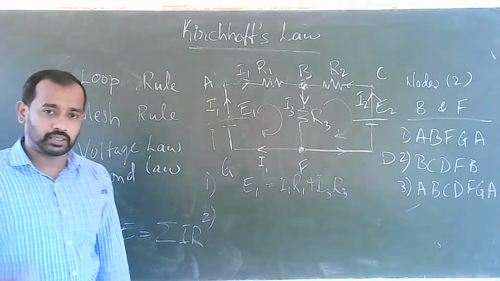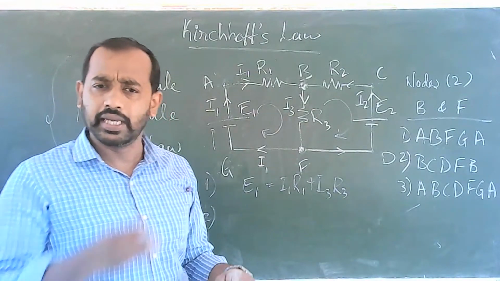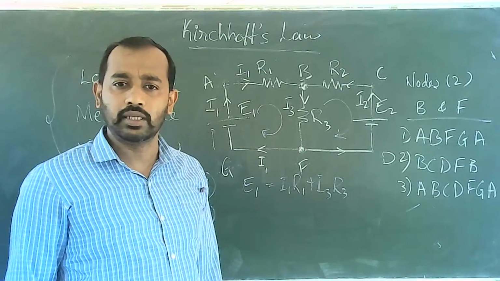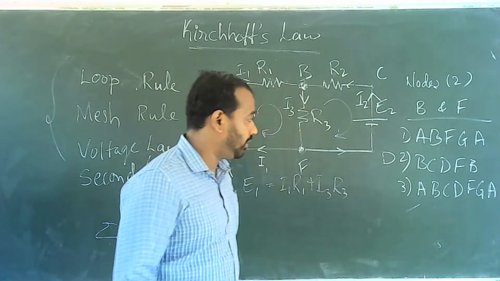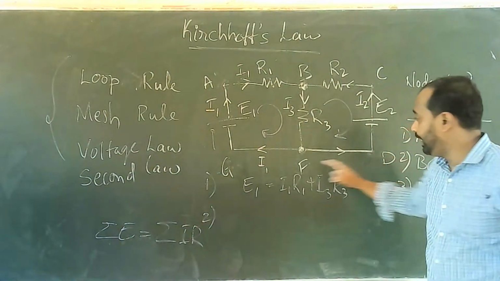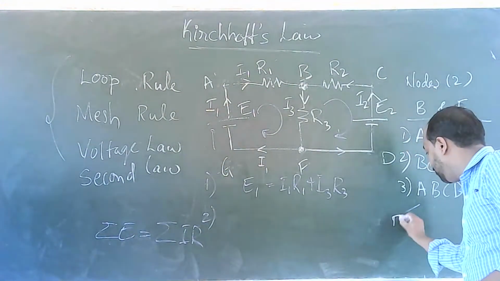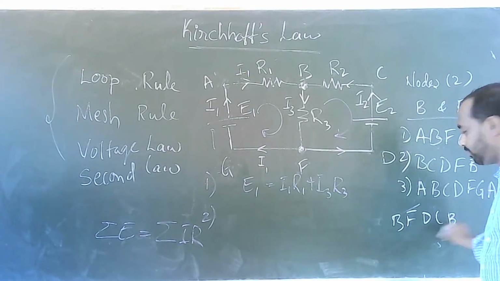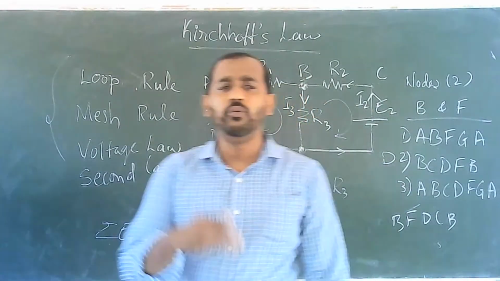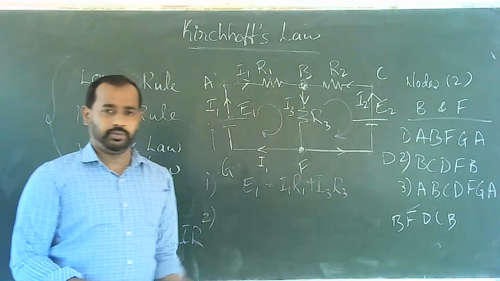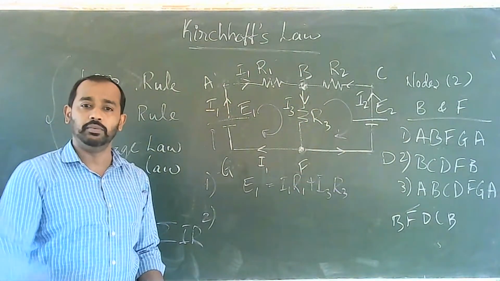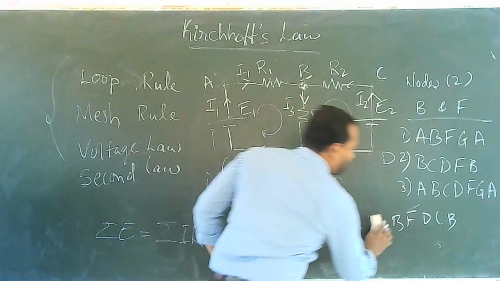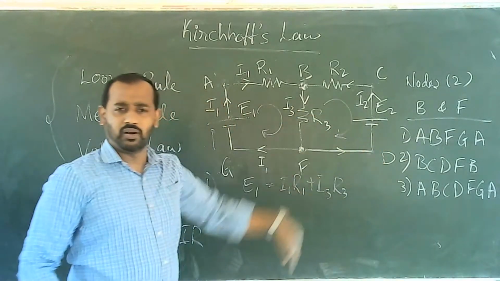Now, since we have decided the path, you can also reverse it. You can reverse the direction of traverse. But if you reverse the direction, instead of writing B, C, D, F, B, we have to write it as B, F, D, C, B. It depends on how you name the loop. But let it be clockwise.